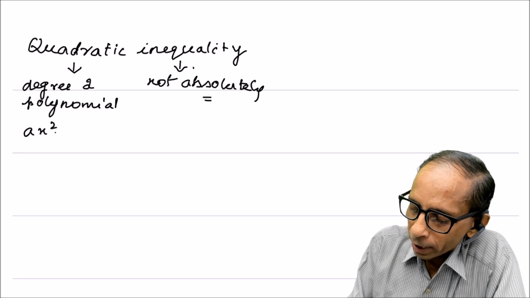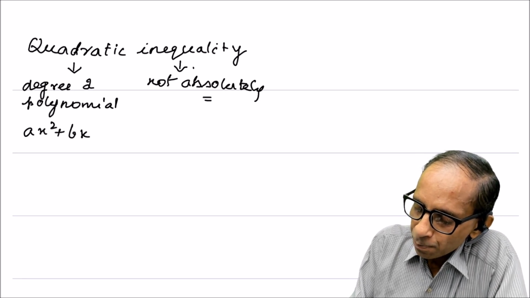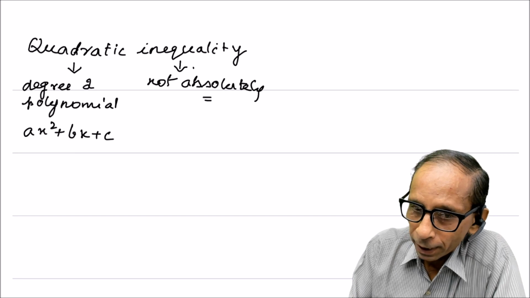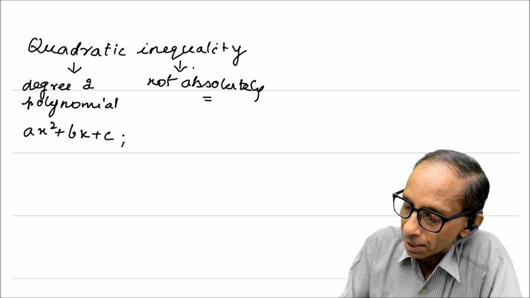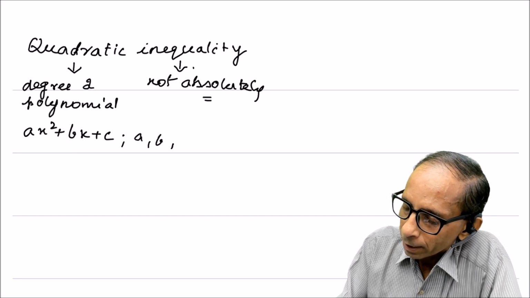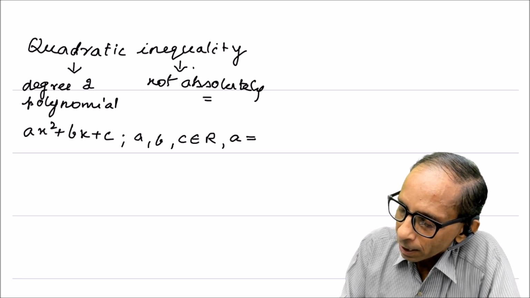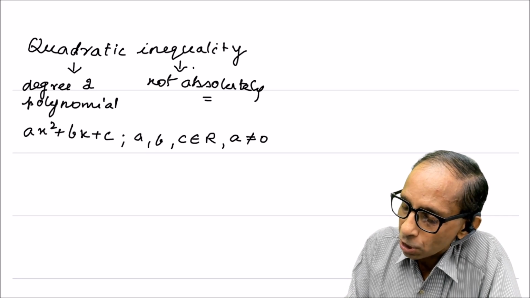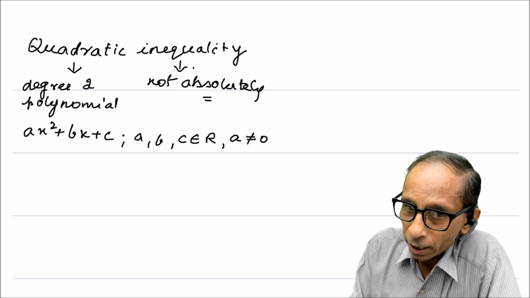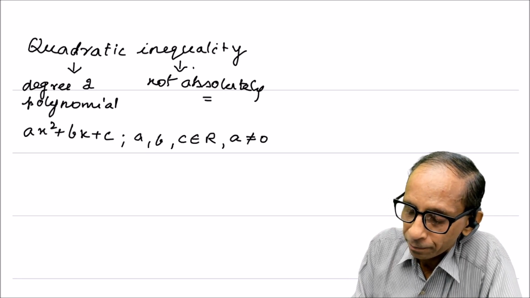All of us know that an expression of this form ax square plus bx plus c, where a, b, and c are real numbers, a is not equal to 0, is what is a quadratic expression.